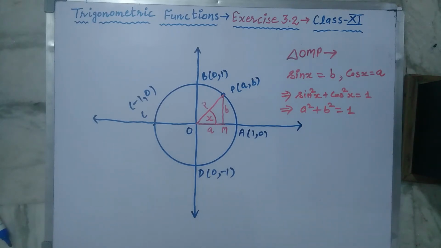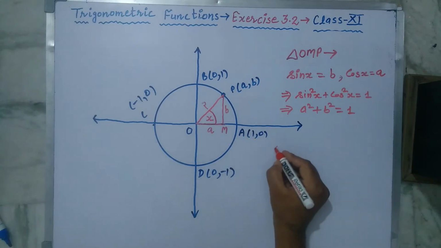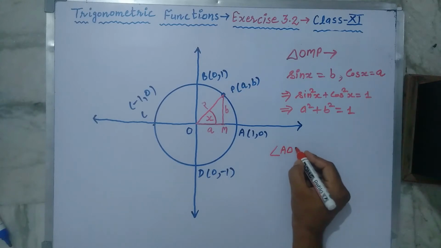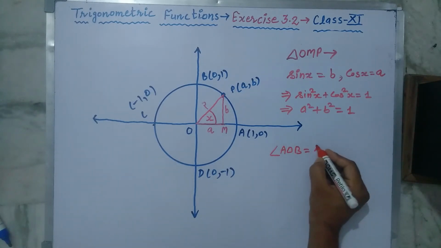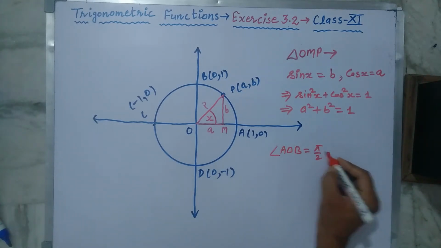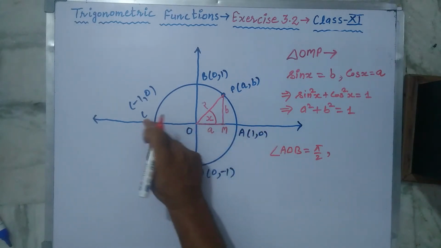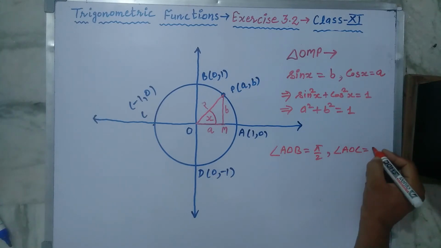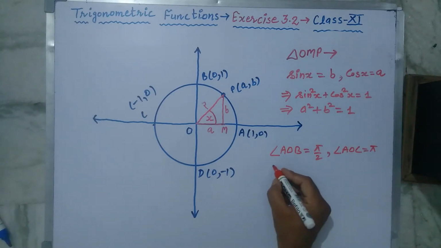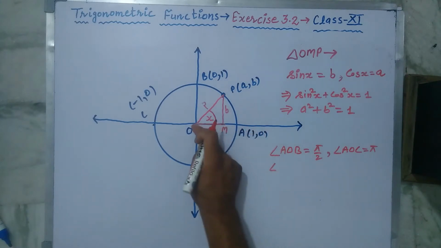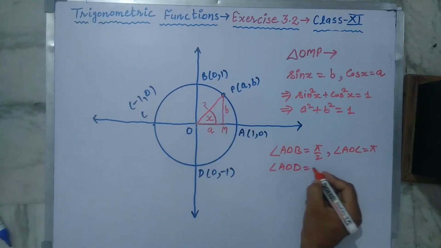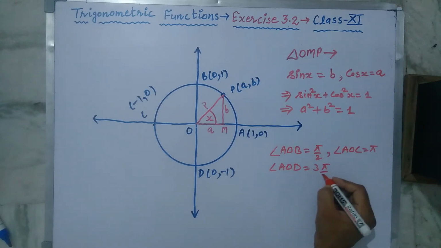Now proceeding further, here we see that angle AOB is equal to 90 degree, pi by 2. Similarly, angle AOC is equal to pi. Next, angle AOD is equal to 3 pi by 2.